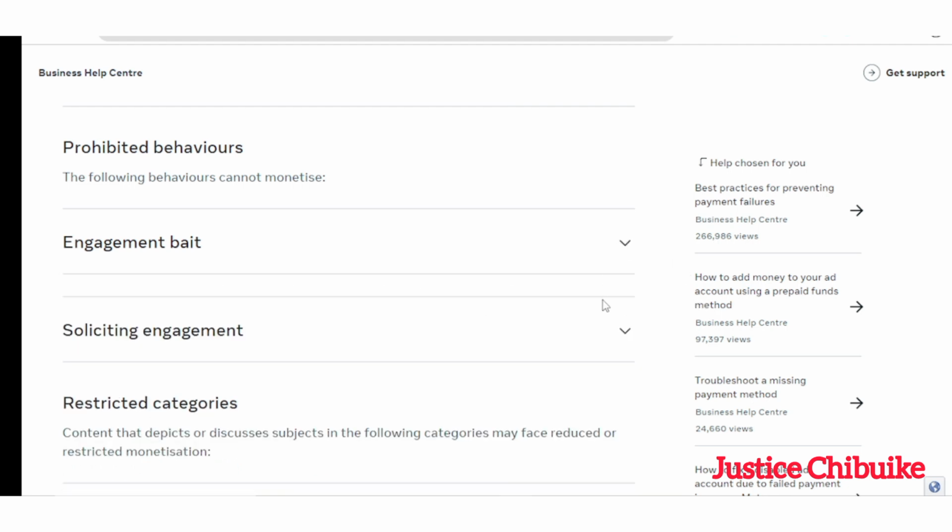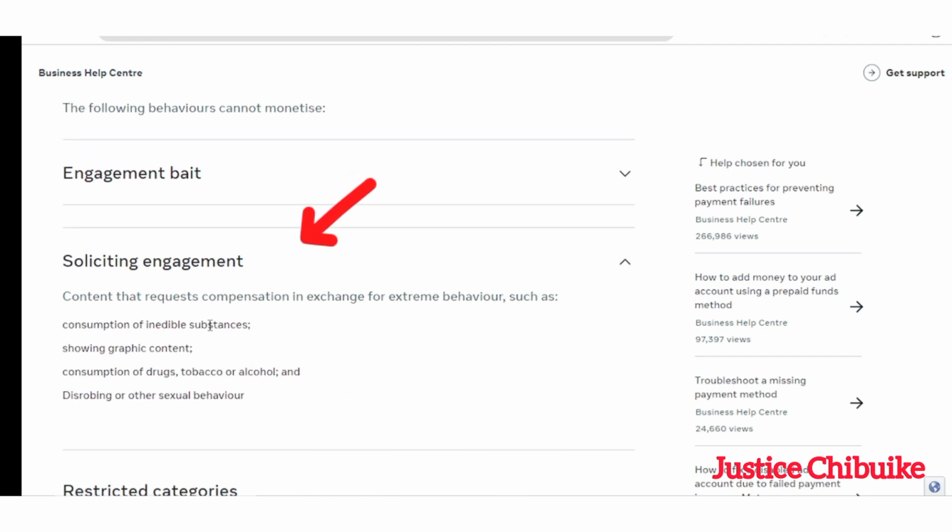Soliciting engagement. These two things are almost the same thing. When you post things that solicit engagement, this kind of behavior is known as prohibited behavior on Facebook. For example, they say content that requests compensation in exchange for extreme behavior such as consumption of inedible substances, showing graphic content, consumption of drugs, tobacco or alcohol, and disrobing or other sexual behaviors.